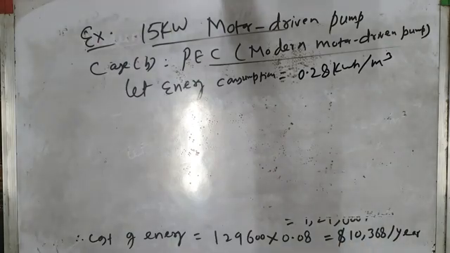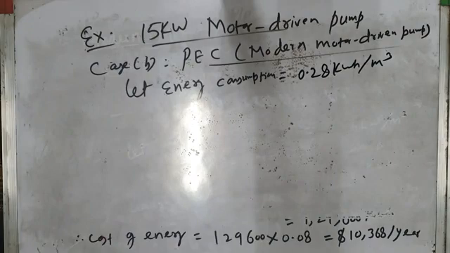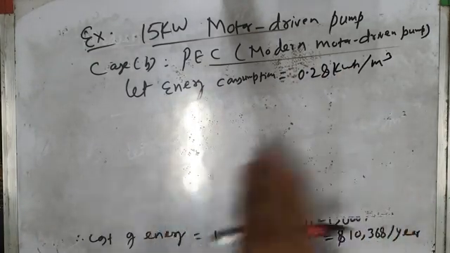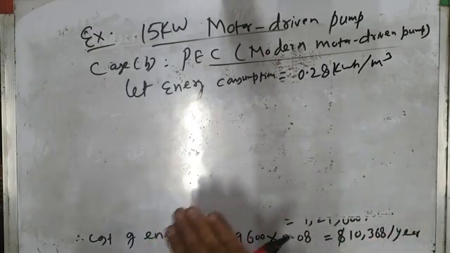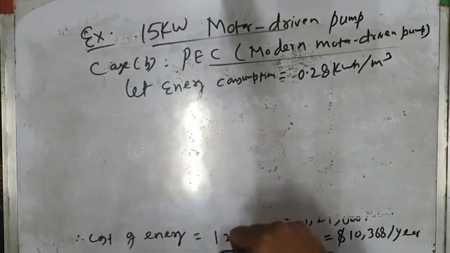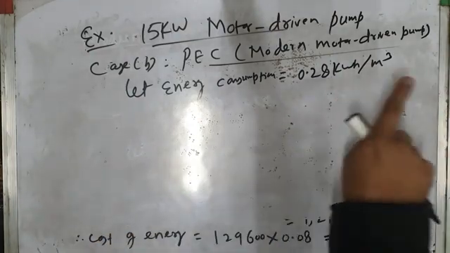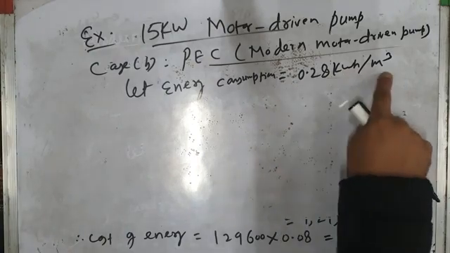For the conventional motor driven pump, the energy consumption was 0.36 kilowatt hour per cubic meter because there was wastage of energy at low flow rates, as already explained. But for the modern motor driven pump, since we are not using a throttling valve, we are using speed control. For high flow rate, speed is high. For low flow rate, speed is low. So when speed is dropped, the energy consumption also reduces. So energy consumption reduces from 0.36 to 0.28 kilowatt hour per cubic meter.